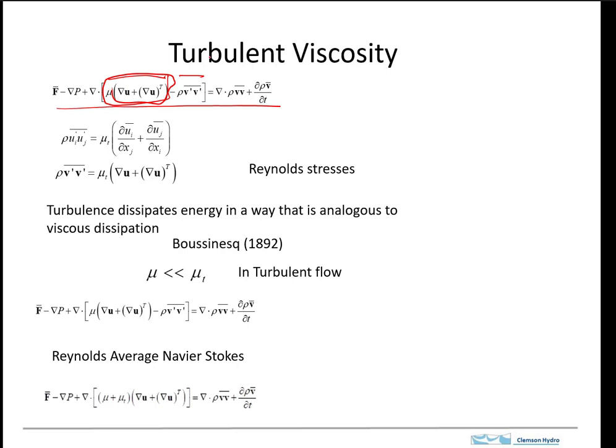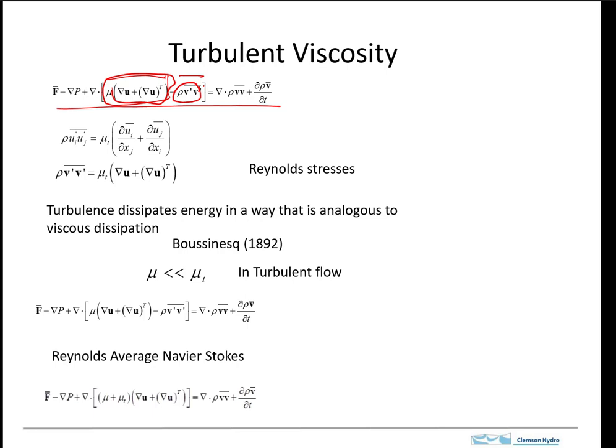And what we're going to say is that this term here, the velocity fluctuations, is also going to contribute to the flow as viscous in a way that's similar to viscous dissipation. These turbulent eddies are going to be using up energy just like viscous dissipation does. In fact, what we saw in the talk last time was that we've got big vortices that break up into smaller ones, and they break up into smaller ones.